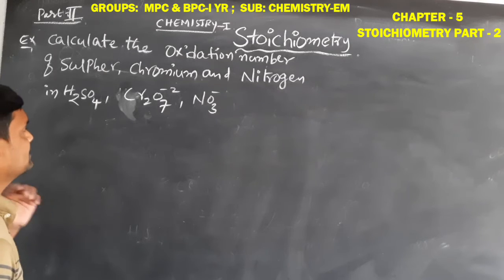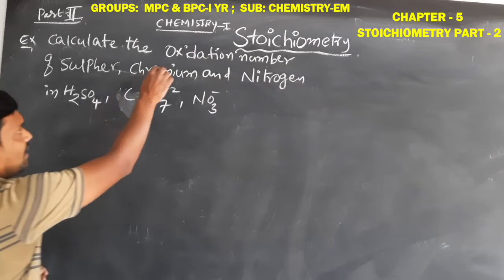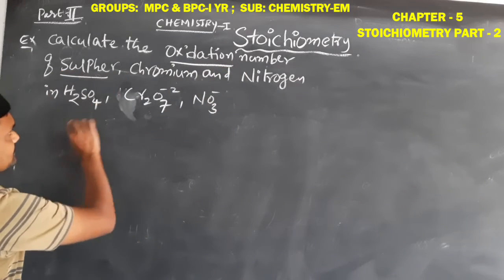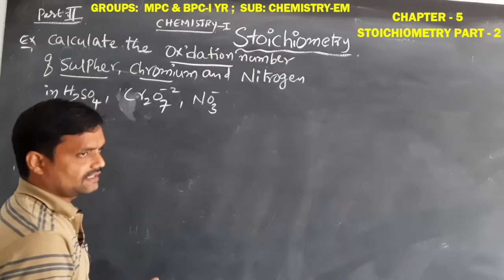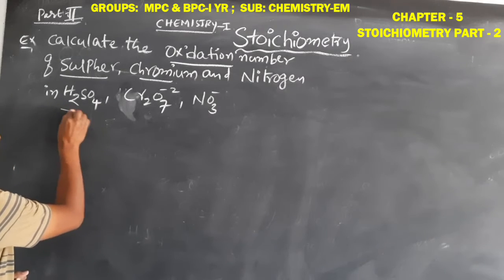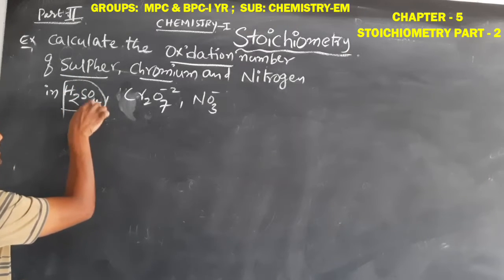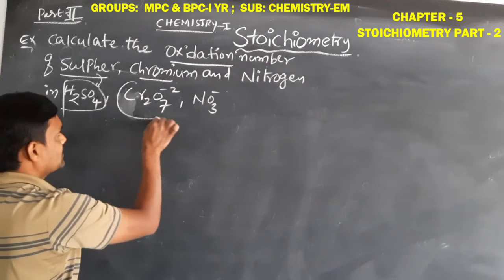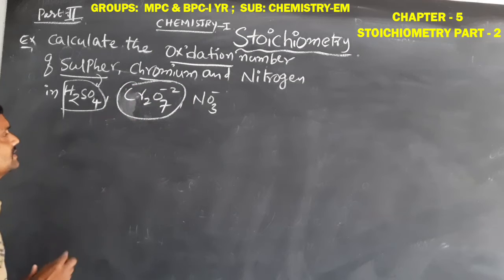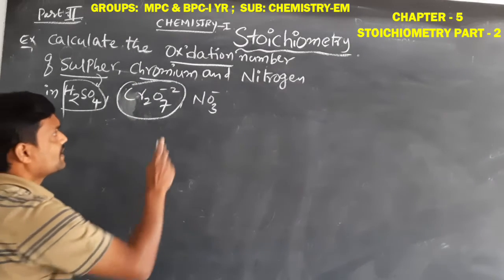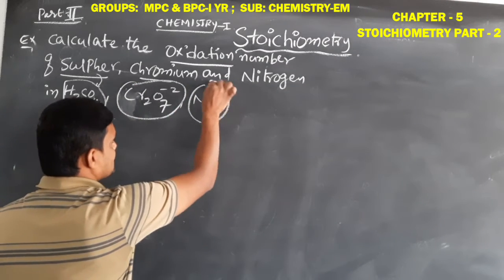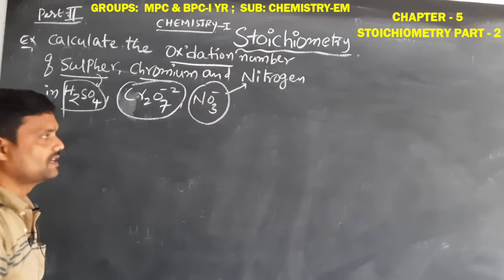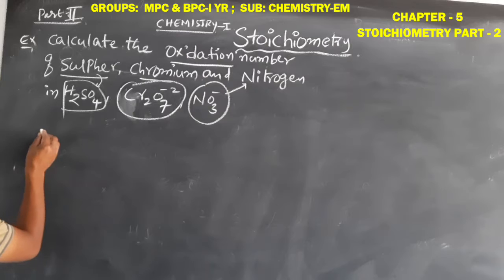Our example is to calculate the oxidation number of sulfur in H2SO4, chromium in Cr2O7 minus 2, and nitrogen in the NO3 minus ion. Let us see how we can find them one by one.